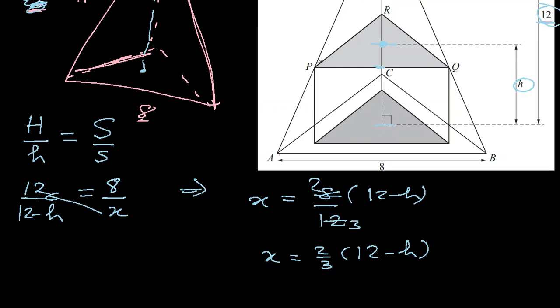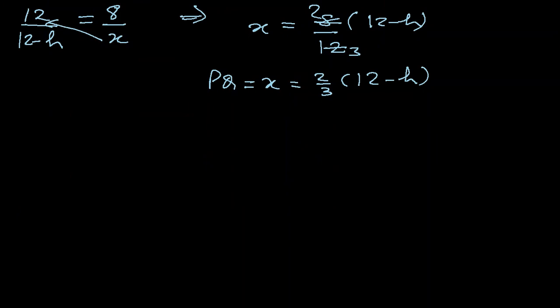Now, since we know the side PQ, we should focus on the prism, because they're asking the volume of the prism. Volume of any prism is equal to the base area multiplied by height, okay?